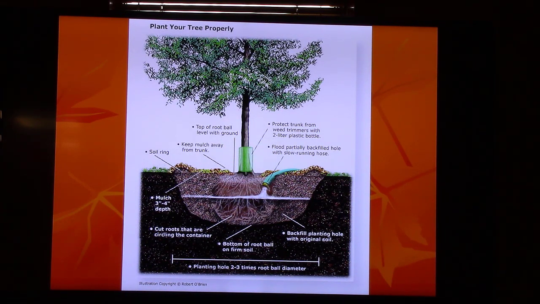If you've got a pretty good distance to drive home, going 60, 70 miles an hour, you may want to take a tarp or something and wrap that tree, because all that heavy wind will windburn those leaves, and then when you put it in the ground, it'll look like it's been through a drought already. So just protect those leaves on the way home.